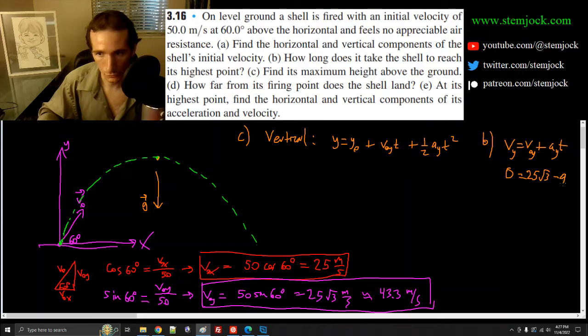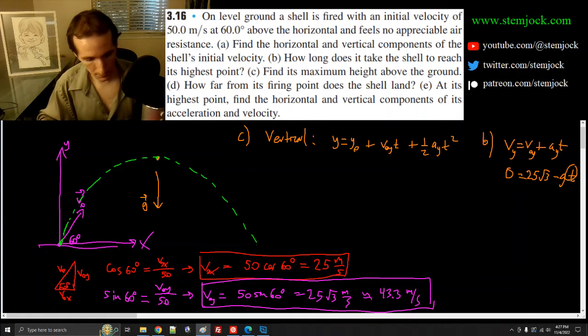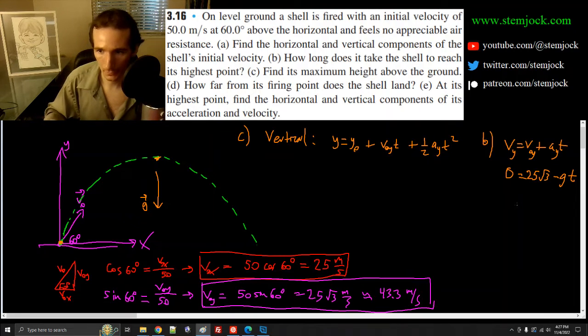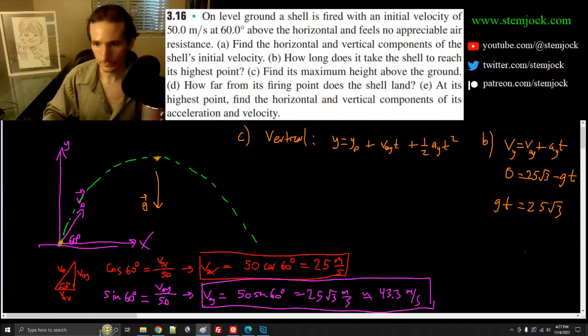So minus gt. This t is the amount of time it takes for the shell to go from here to the top. So I'm going to solve this equation now. I'm going to bring gt to the left, so gt equals 25 square root 3. And now divide both sides by g to solve for t.